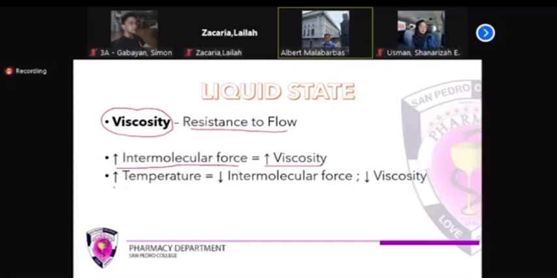A higher temperature has the tendency to break the intermolecular force, thereby decreasing viscosity. That's why some viscous liquids are heated.